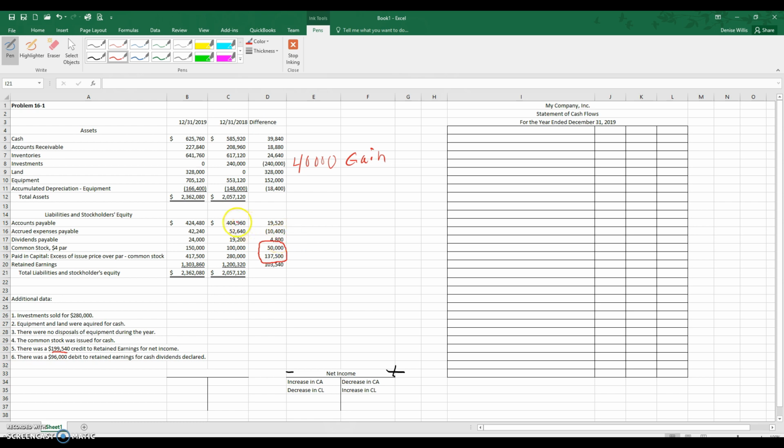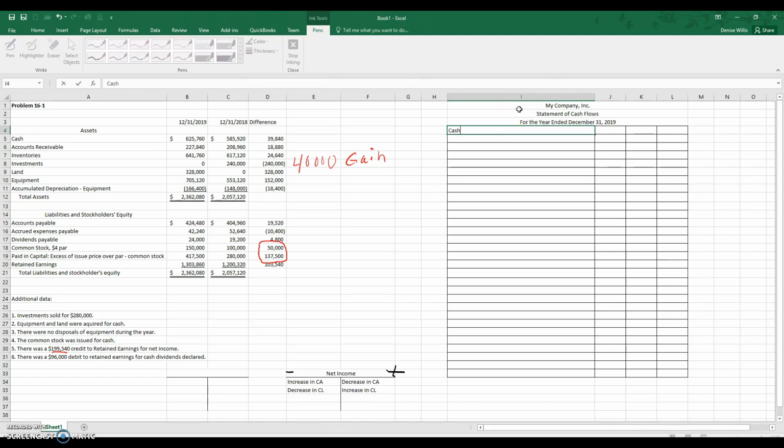Okay, so let's jump in here and let's just start here. Okay, so when we're doing our statement of cash flows, let me stop inking here. When we're doing our statement of cash flows, the first section we're going to do is the cash flows from operating activities.